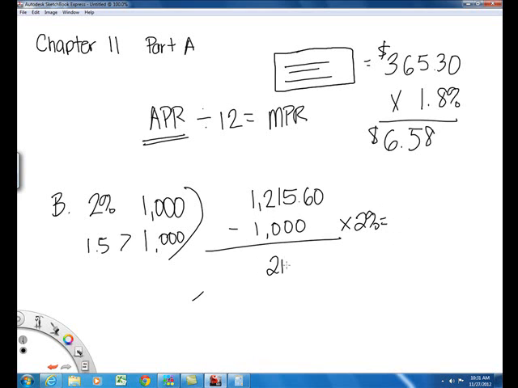For everything over the $1,000, and this is $1,215.60, our first 1,000 is going to be at 2%. That leaves us with $215.60 that went over 1,000, and that will be done at 1.5%.